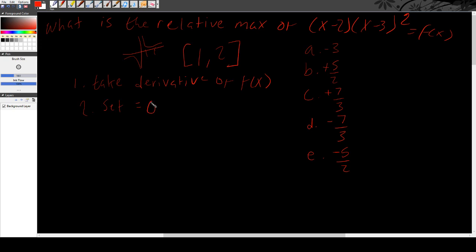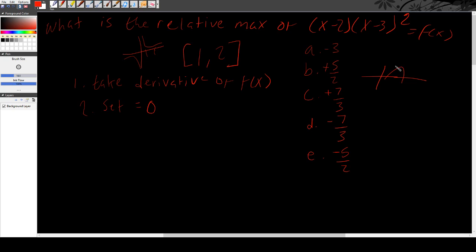Then you're going to want to set it equal to 0. Setting it equal to 0 essentially serves as, look at any graph, say that we have a parabola like this. Surely you know at this point what a derivative actually is.